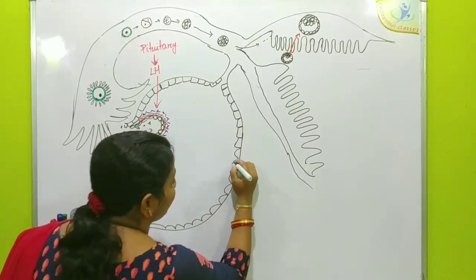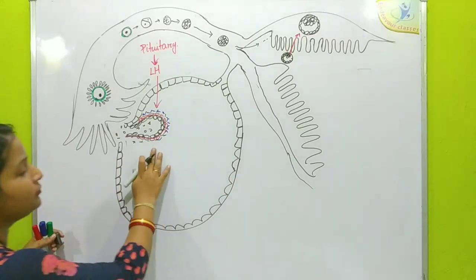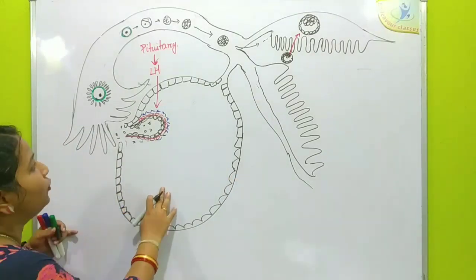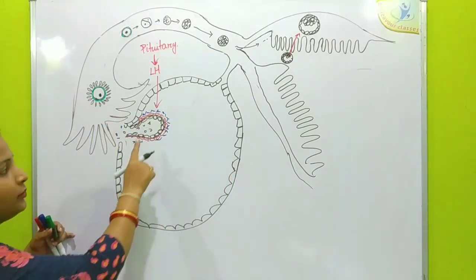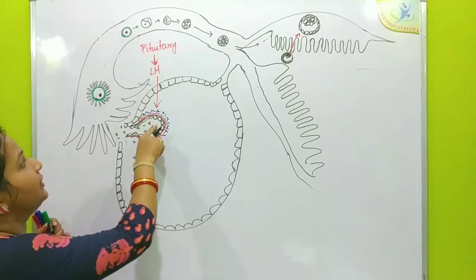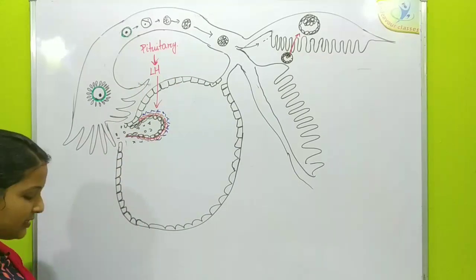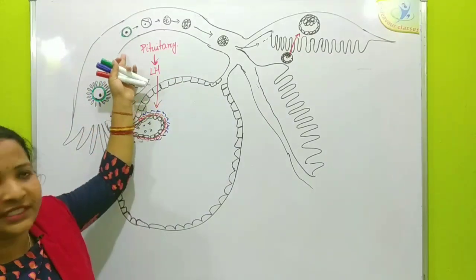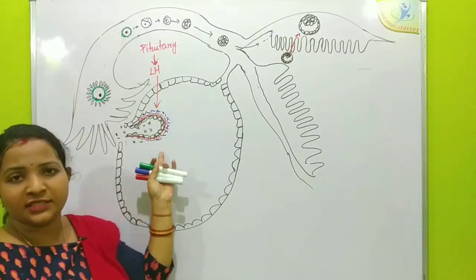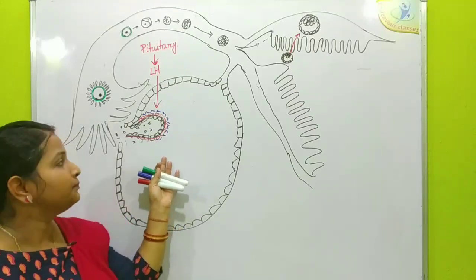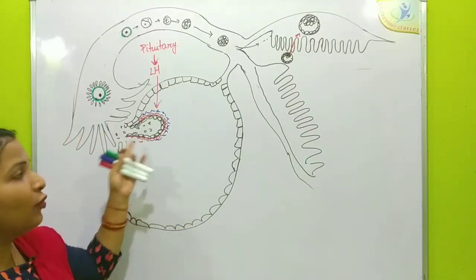I have already drawn a diagram of ovulation. Ovulation has occurred from the mature Graafian follicle under the influence of LH, luteinizing hormone, which is secreted from the anterior lobe of the pituitary gland and influences the Graafian follicle to rupture and ovulate.